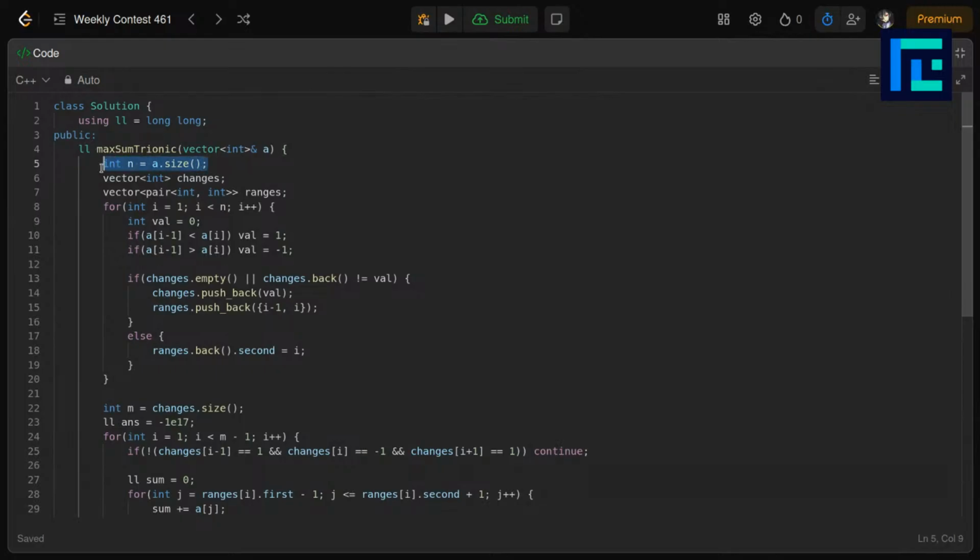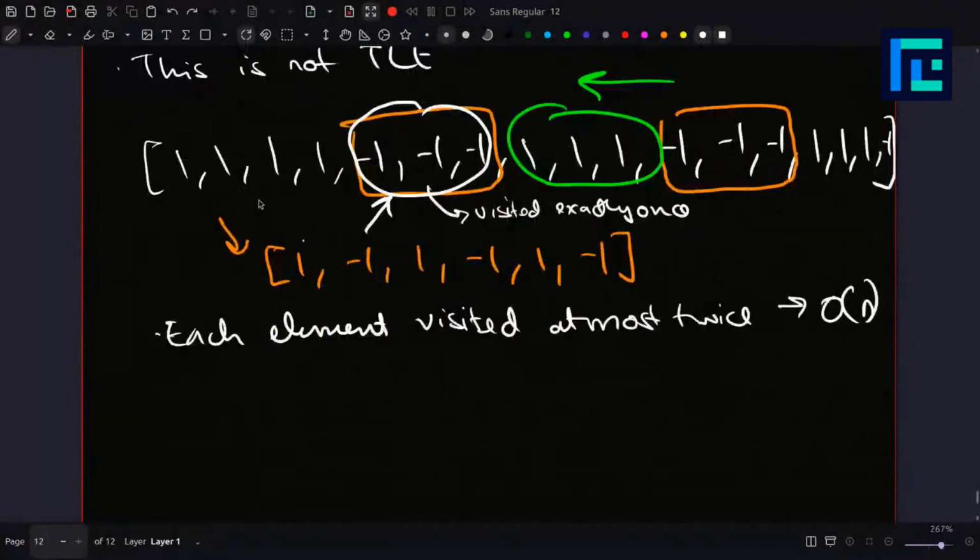So first we are getting a dot size. We are having a changes array, and additionally we have an array called ranges, which for each change will hold the range. Okay, so basically, for this example, this is our changes array. In orange, we have our changes array. And in pink, I will give the ranges.